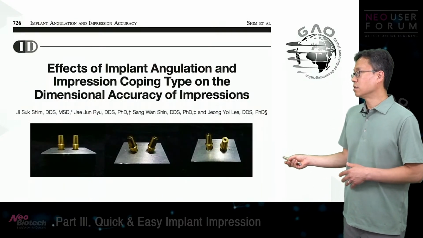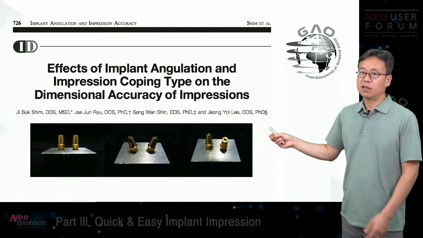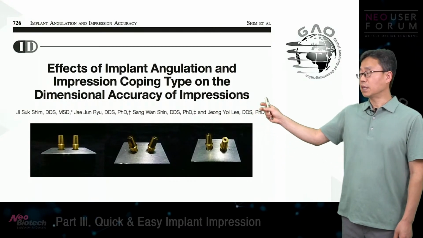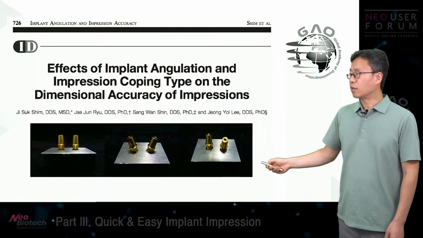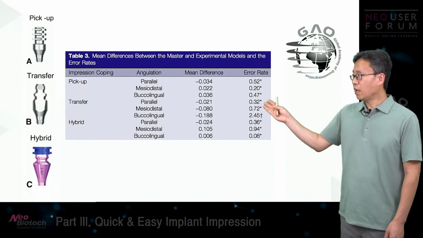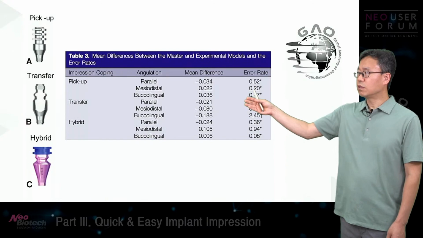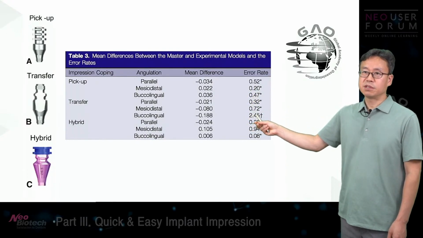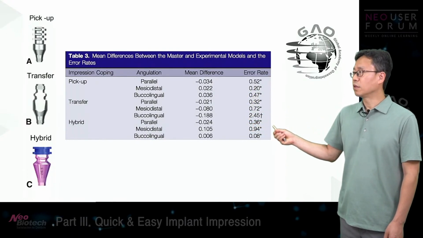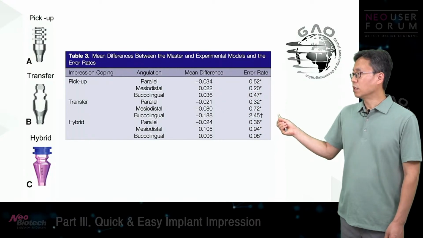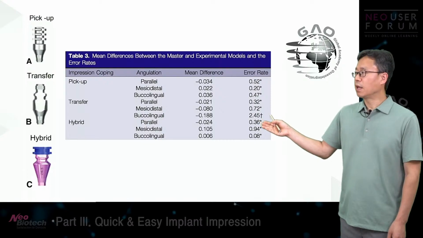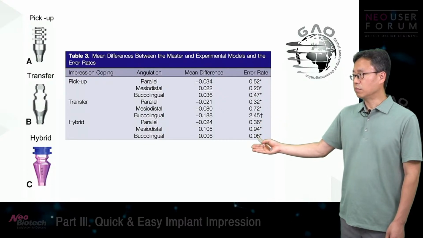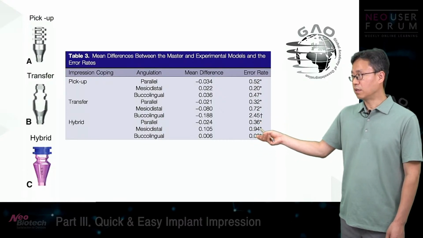And this is one of the studies done by a friend of mine, comparing the accuracy of these three different types of impression procedure. One is pickup impression coping system, another is transfer type, and then this PCAP system, which they call hybrid.